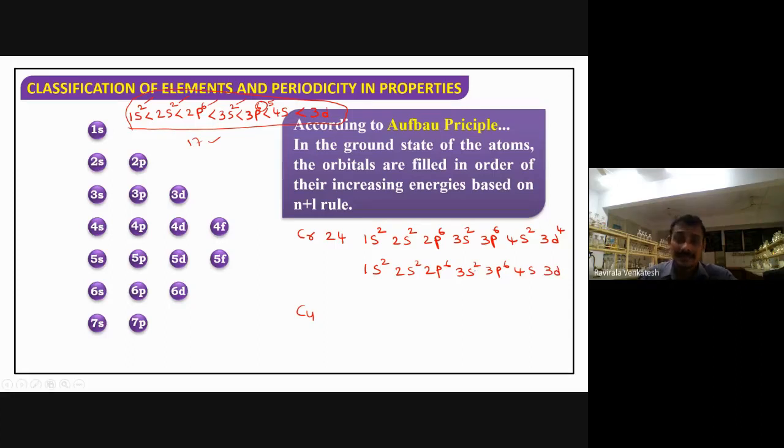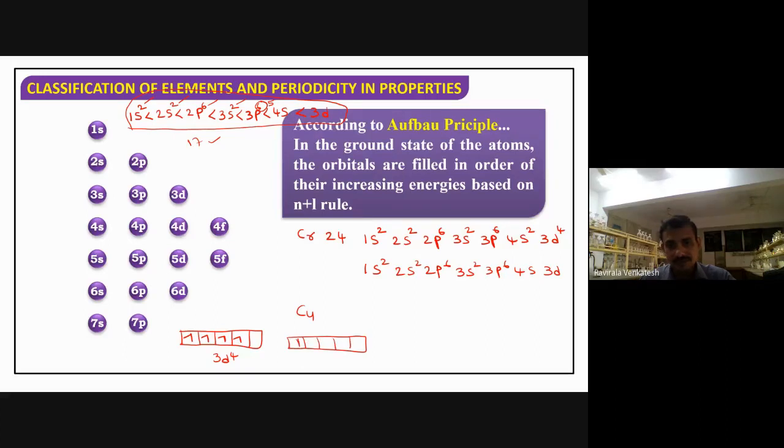Now in 3d, when you observe, there will be 5 orbitals. Now I want to fill 4 electrons like this. This is called 3d4.